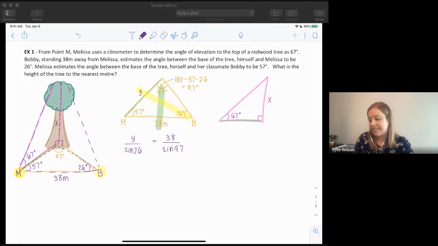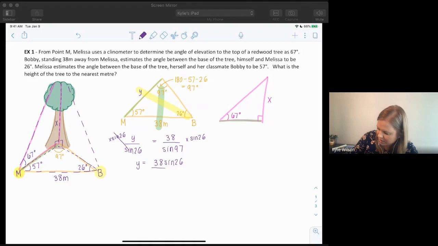And now we want to isolate Y. Y is currently being divided by sine 26, so we're going to multiply that side by sine 26, and we're going to multiply that side by sine 26. So that leaves us with Y equals 38 sine 26 all over sine 97.